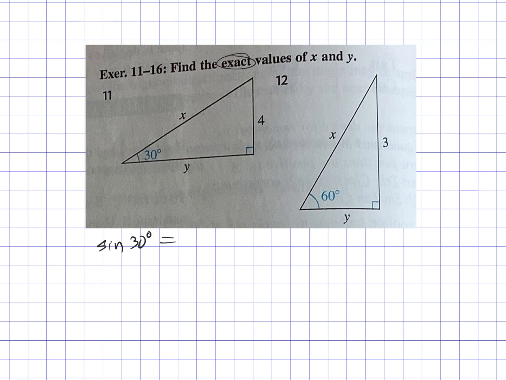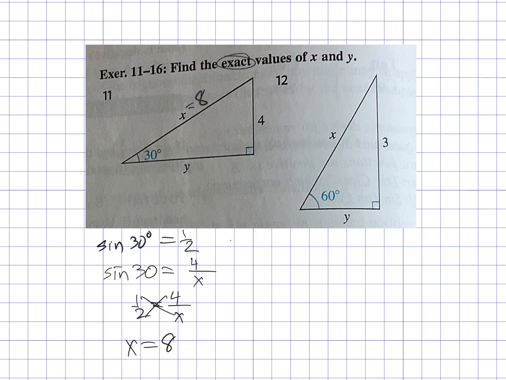And that is going to be the short leg, which is 1/2. Okay, so the sine of 30 is equal to the opposite leg over the hypotenuse. All right, well, the sine of 30 is 1/2. So what is x? Cross multiply, x is 8.